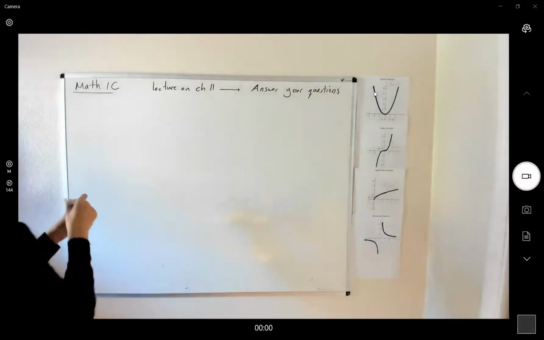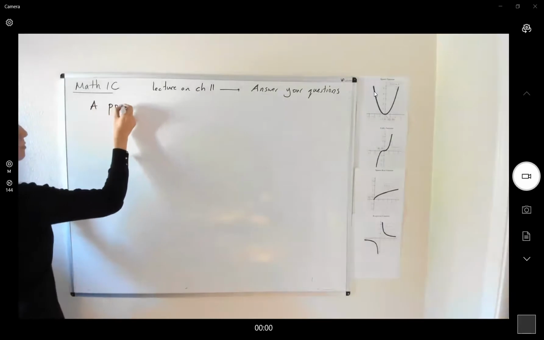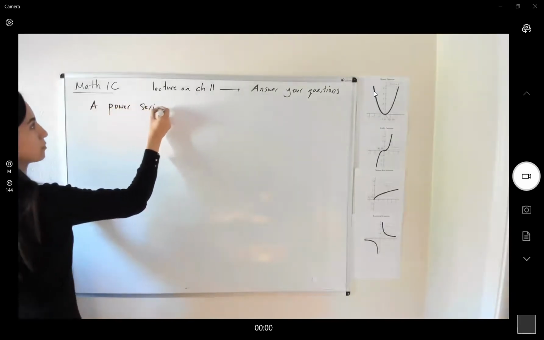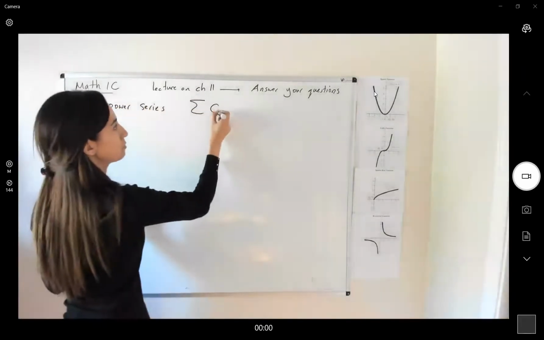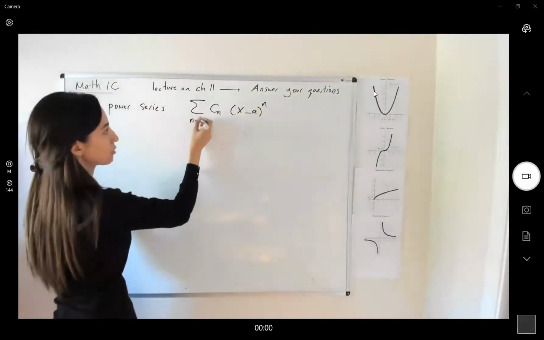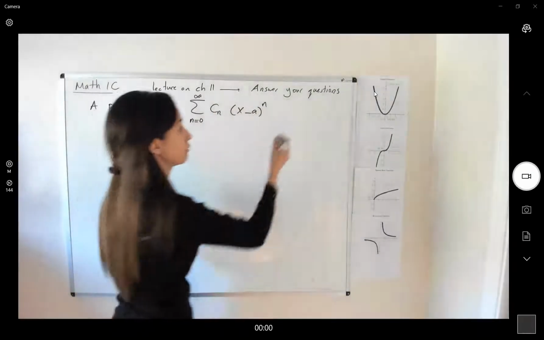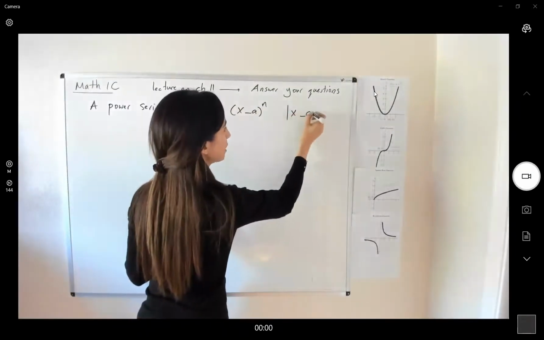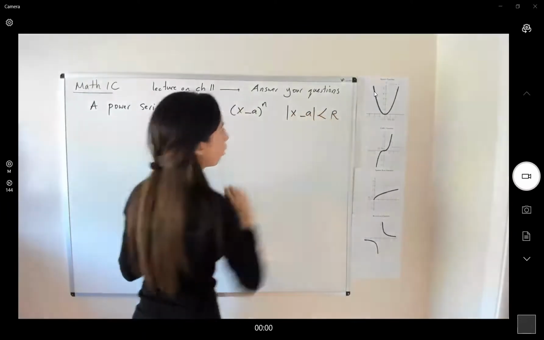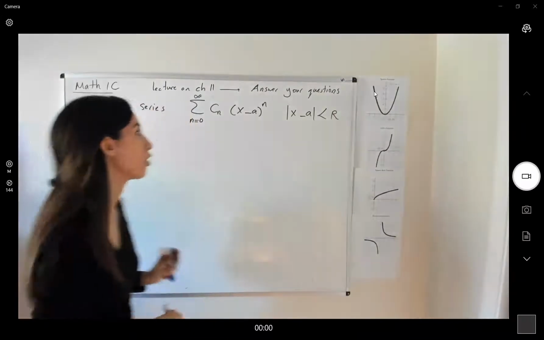So a power series of the form sigma Cn x minus a to the n, starting from 0 to infinity. Suppose it's convergent over absolute value of x minus a less than r. Suppose you have the radius of convergence r.